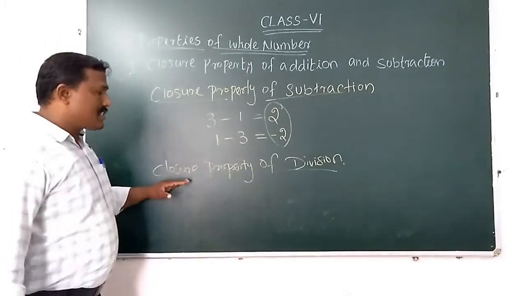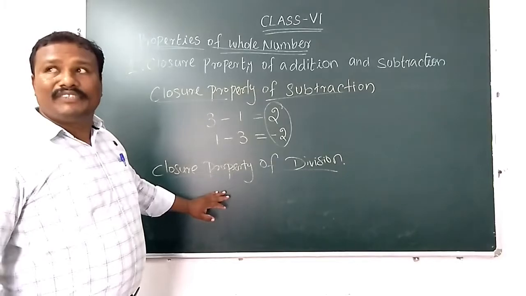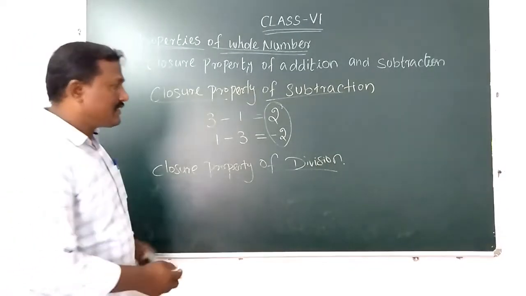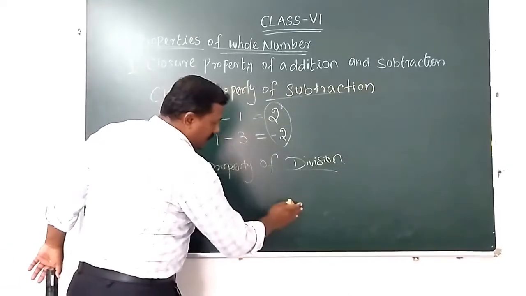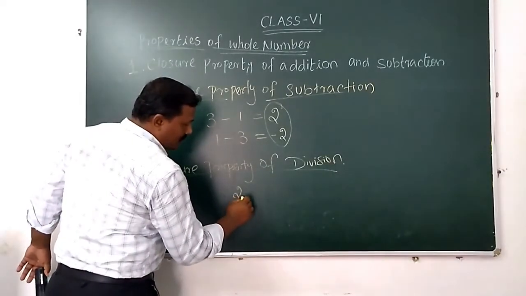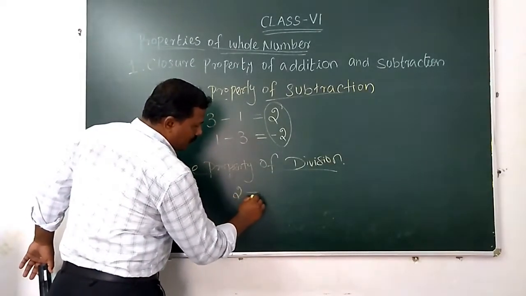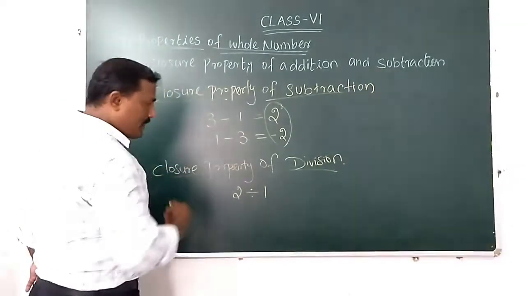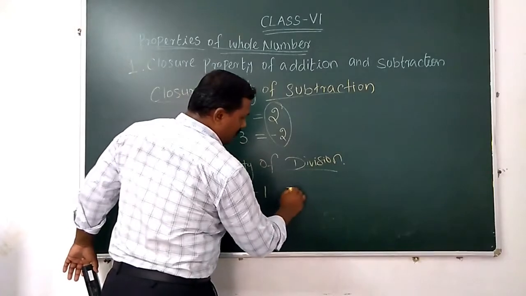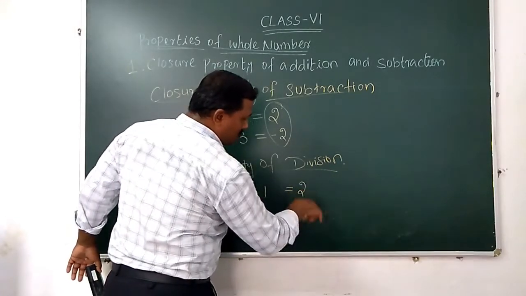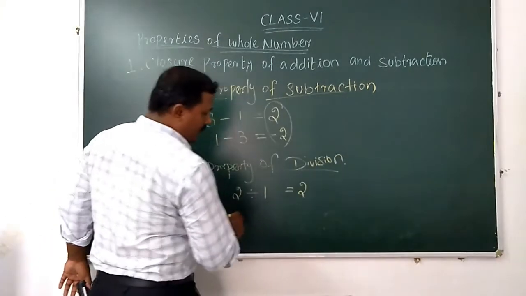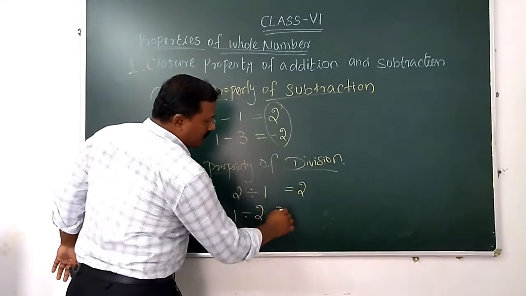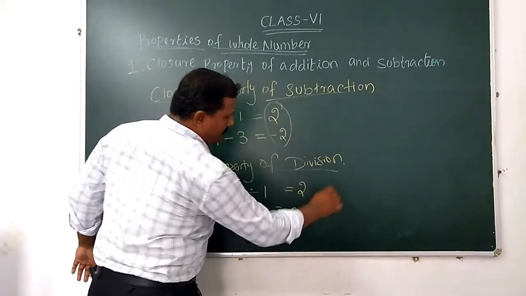Now we will discuss whether the closure property is supported when we are doing division. Suppose I divide 2 by 1, we will get 2. Suppose I divide 1 by 2, we will get 0.5, no?